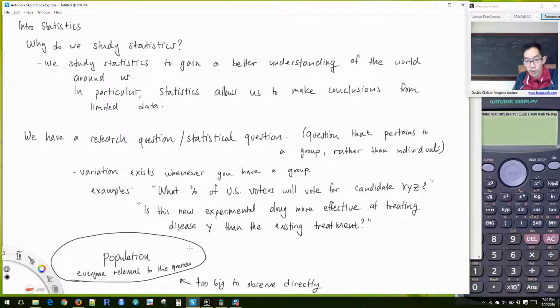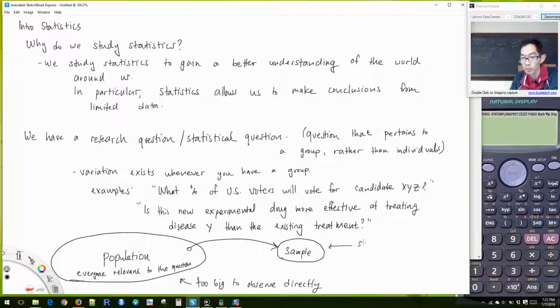Well, what we do is take a small piece out of the population, and this piece is called a sample. Maybe this is 600 people or 1,000 people. This is a small group that we can observe.